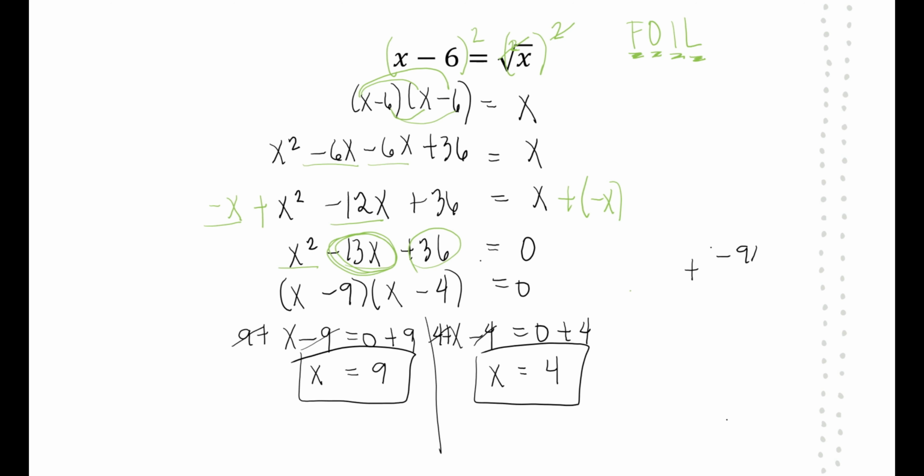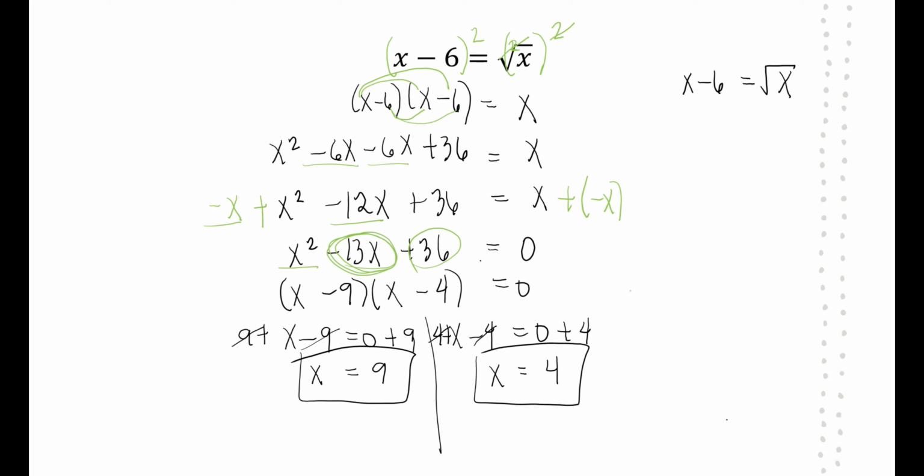And the last step is to check whether our answers are correct, and we have to substitute our two computed values of x against our given equation. So our given equation is x minus 6 equals square root of x, and we only have to substitute our computed values of x.